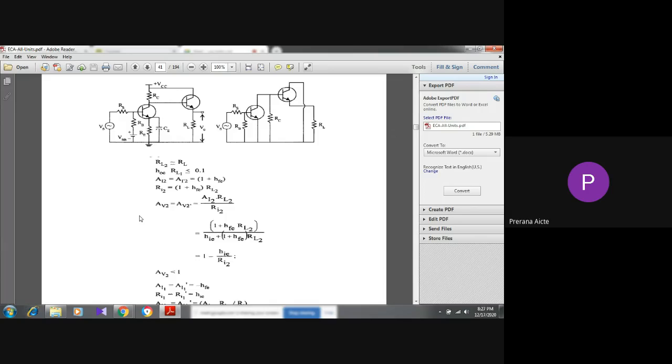So what are the equations? AV2 is equal to AV2, then AI1, very simple formulas.